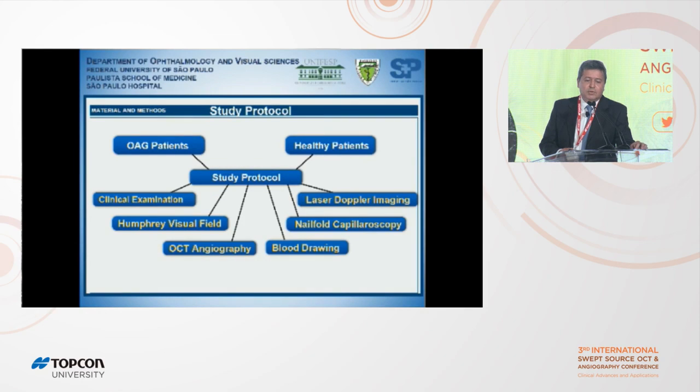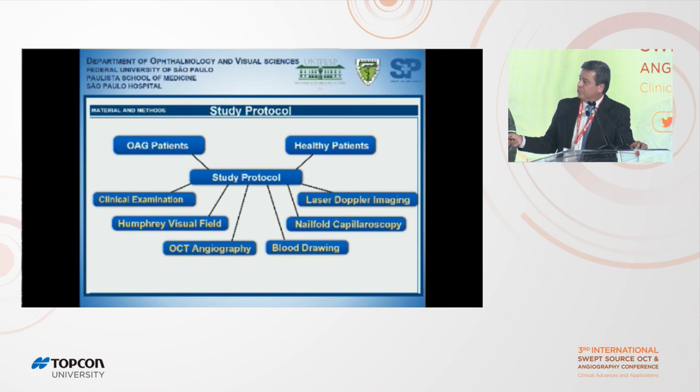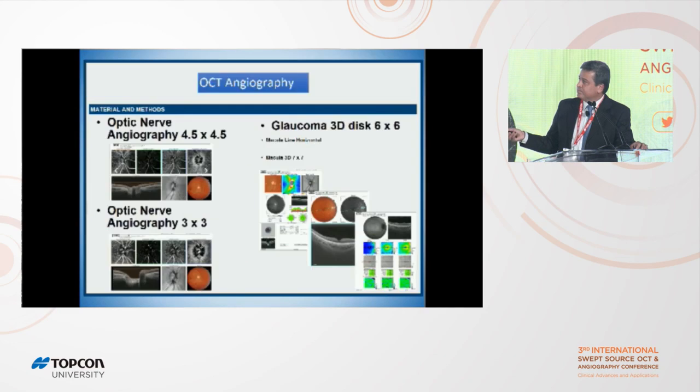This is our study protocol. We try to do almost all clinical and imaging exams and functional evaluation of the optic nerve. And also we perform some rheumatological exams like laser Doppler imaging, nailfold capillaroscopy, and also some blood studies.